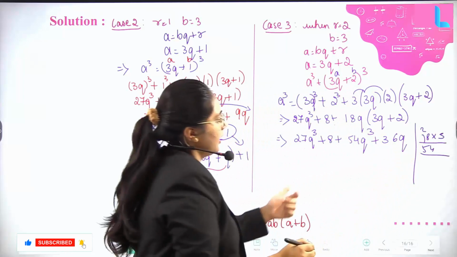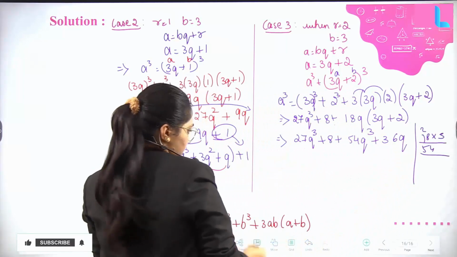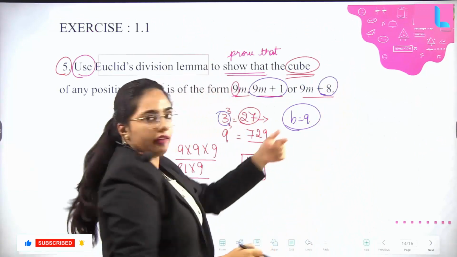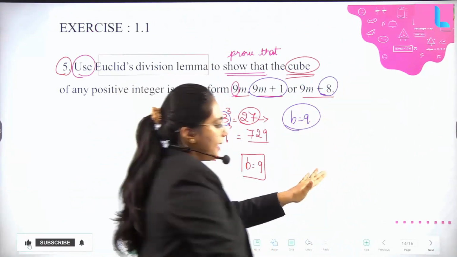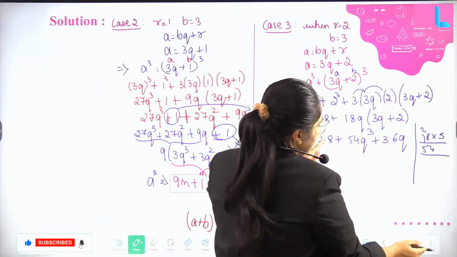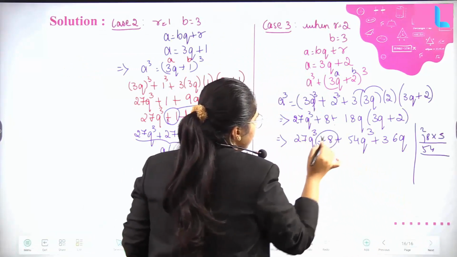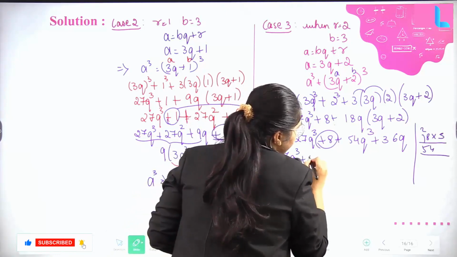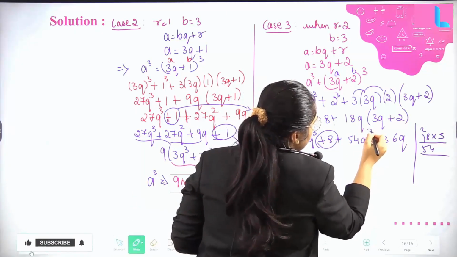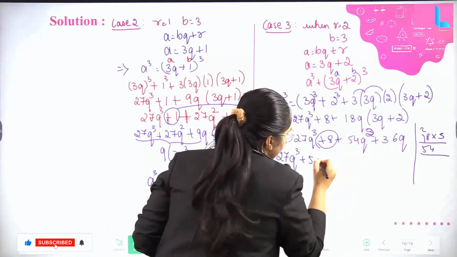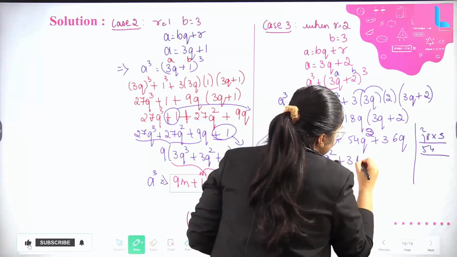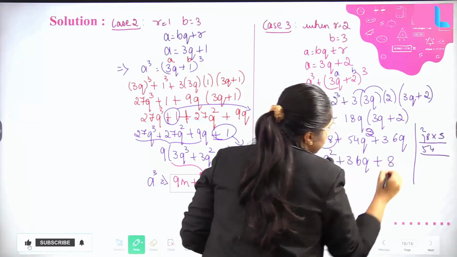Okay, here also in the question, if you go back to the question and see, plus 8 you have to keep the same, you shouldn't touch that part. So we'll keep plus 8 the same and rewrite the same. Plus 54, this becomes q². 54q² plus 36q plus 8.